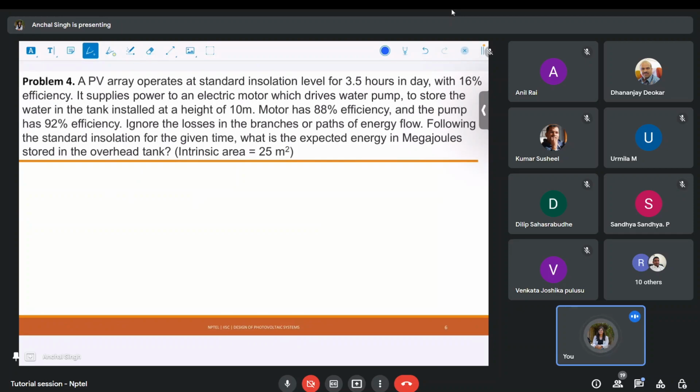Now on the fourth question: a PV array operates at a standard insolation level for 3.5 hours in a day. That means the peak sun hour equivalent is given. It is 3.5 hours with 16% efficiency.